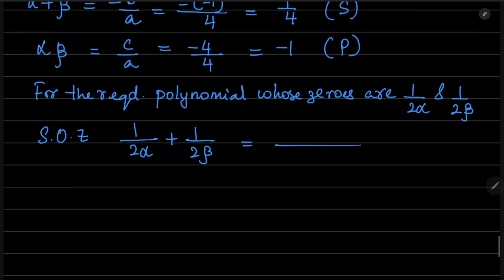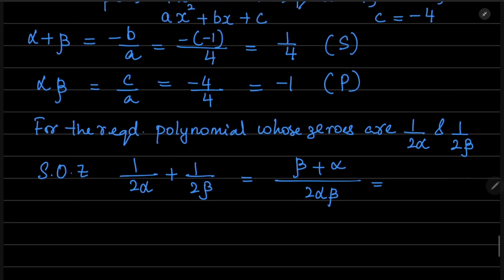You take the LCM, so your LCM would be 2 alpha beta. What will be the first term? 2 alpha into what will give you 2 alpha beta? It will be beta, so beta into 1 is beta. Plus again, 2 beta into what will give you 2 alpha beta? It is alpha, so alpha into 1 is alpha. Alpha plus beta.